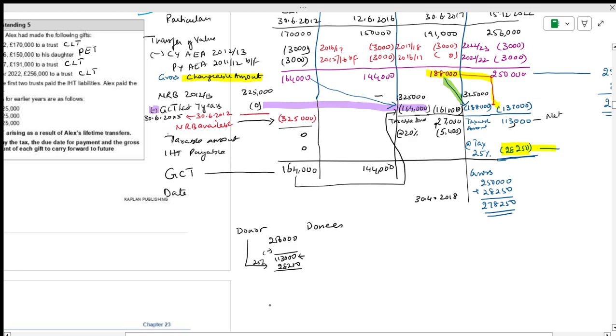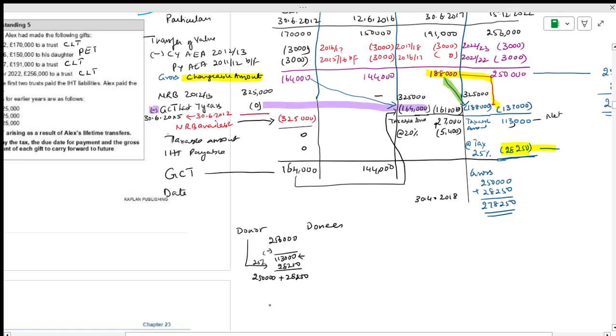What is the chargeable amount? The chargeable amount is 250,000. On the taxable amount, what are you paying as tax? 25,250.